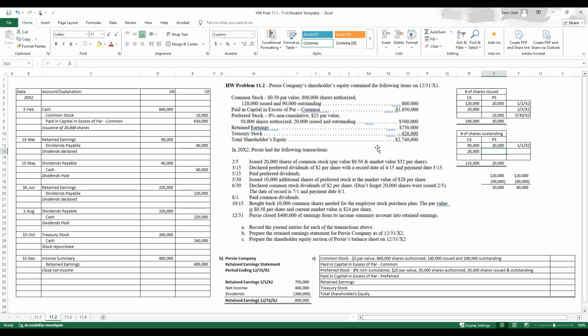And similarly down here, numbers of shares issued and outstanding. You add in the issuances. So again, similar thing with adding the preferred stock, but then we subtract out our balance for the treasury stock transaction, and that happened on... what date did that happen on? 10/15.